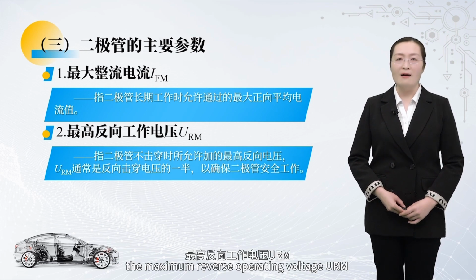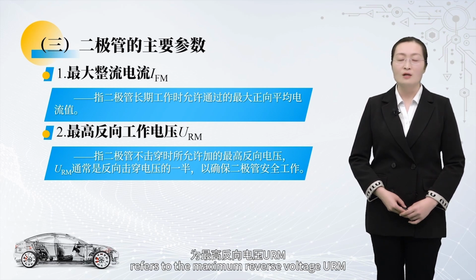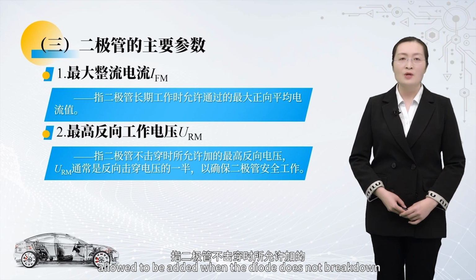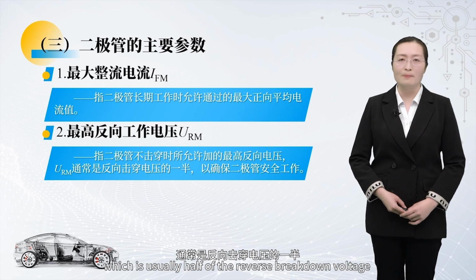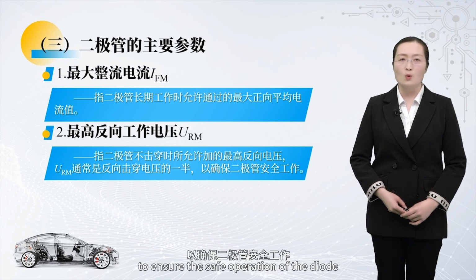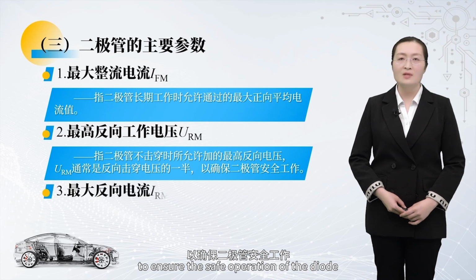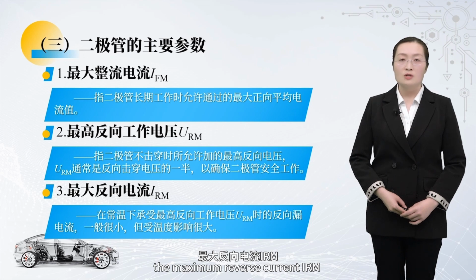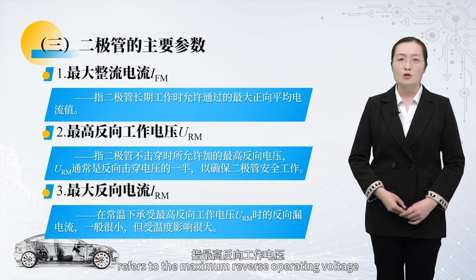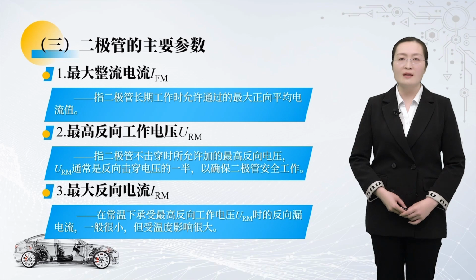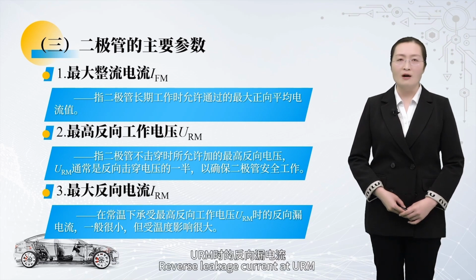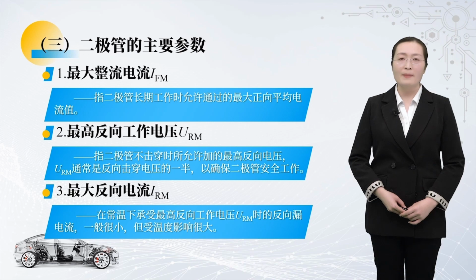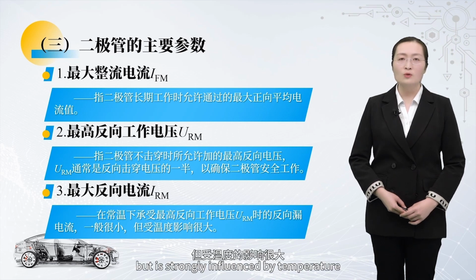Second, the maximum reverse operating voltage, URM, refers to the maximum reverse voltage allowed to be added when the diode does not break down, which is usually half of the reverse breakdown voltage to ensure the safe operation of the diode. Third, the maximum reverse current, IRM, refers to the reverse leakage current at the maximum reverse operating voltage URM at room temperature. It is generally small, but is strongly influenced by temperature.